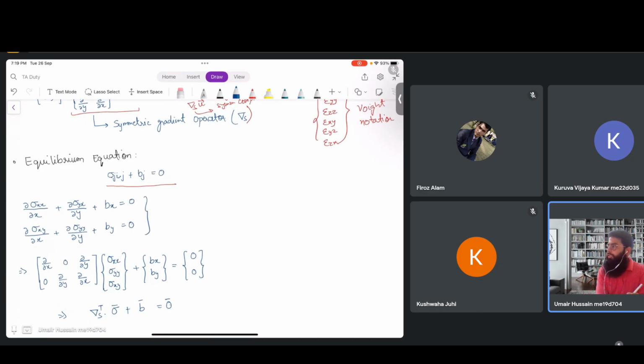As I told you earlier, since we are dealing with a vector problem, for 2D we have two primary variables, the displacement x and y, so we'll have two governing equations, coupled equations.